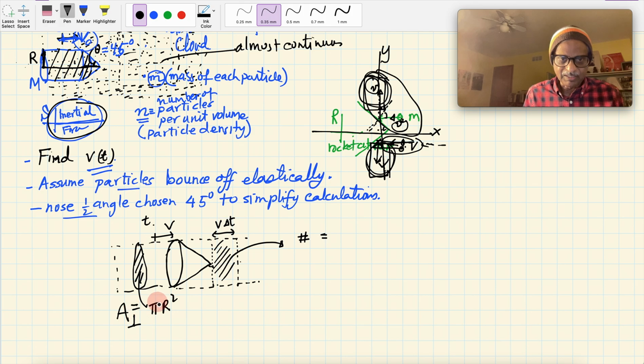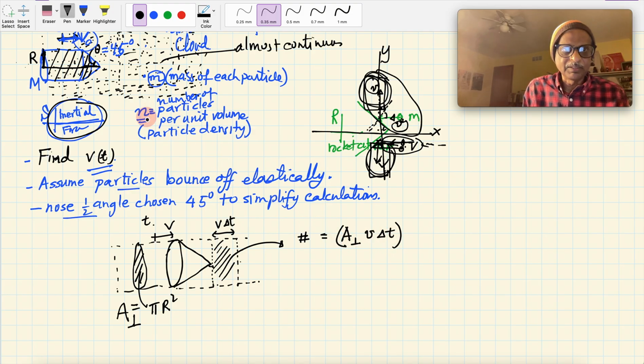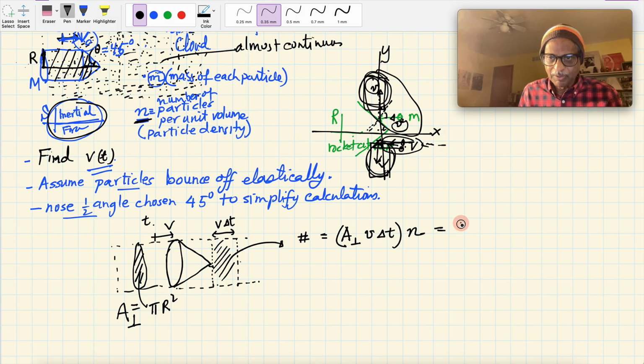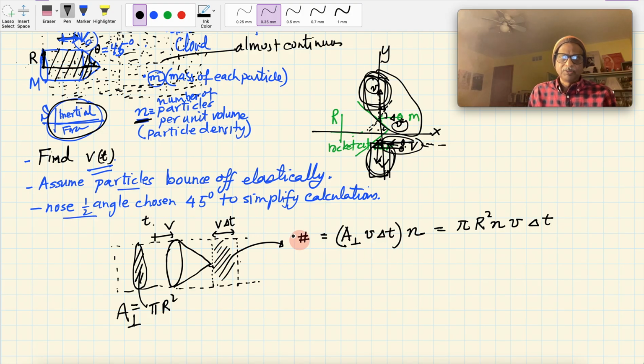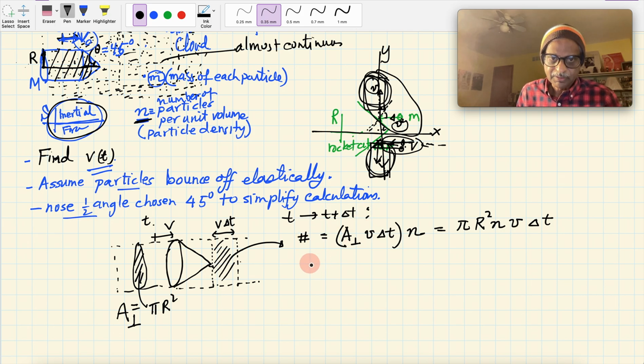So the projected area is pi r square, times v delta t, and that's the volume. And n is the number of particles per unit volume, so the number of particles there is pi r square n v delta t. So between t and t plus delta t, this many particles will hit. We're just examining this.